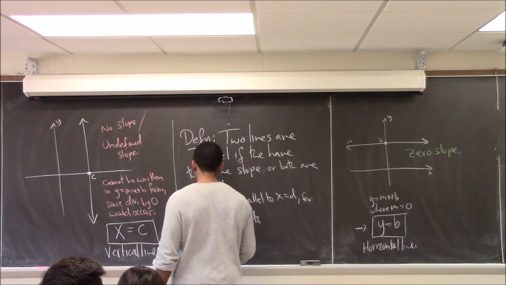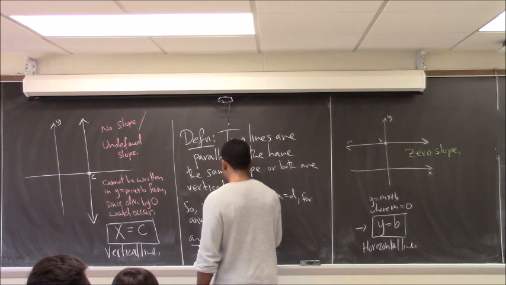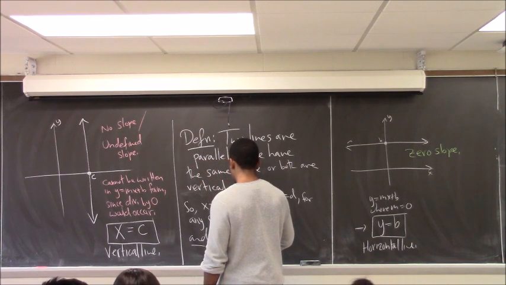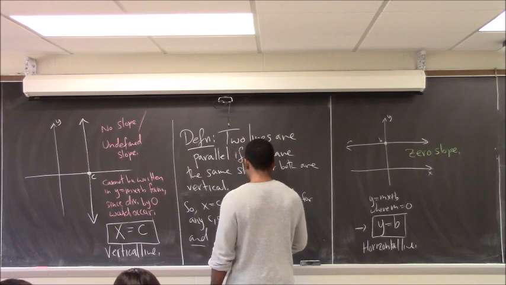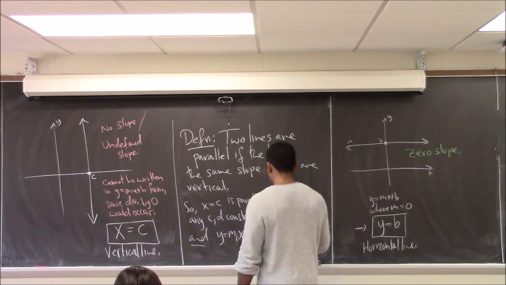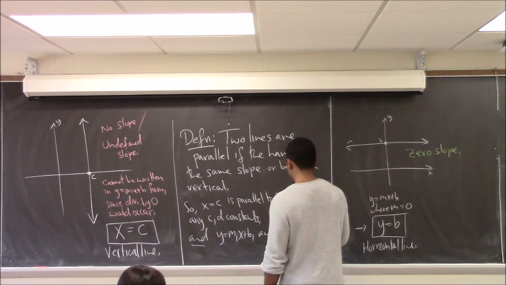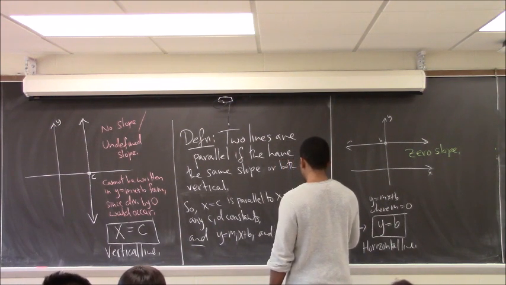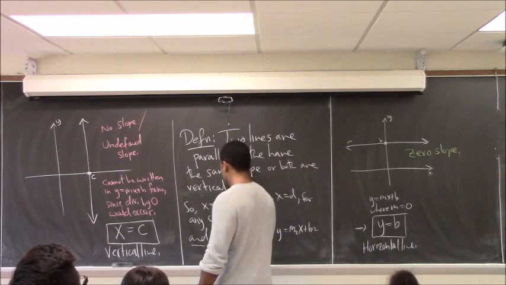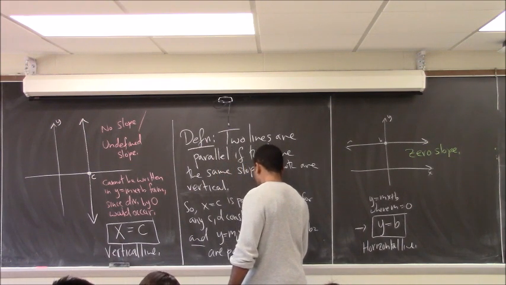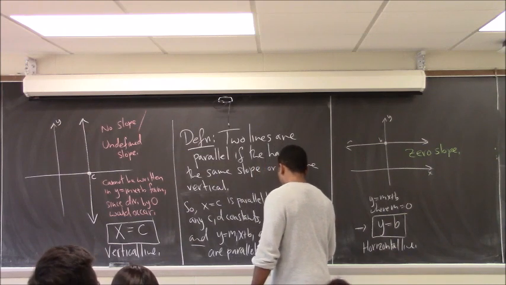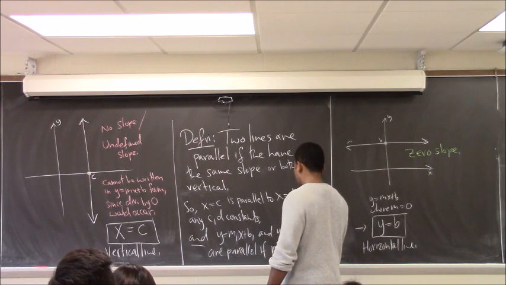And y equals m1 x plus b1 and y equals m2 x plus b2 are parallel if m1 equals m2.